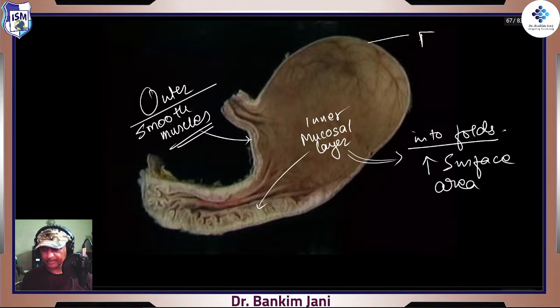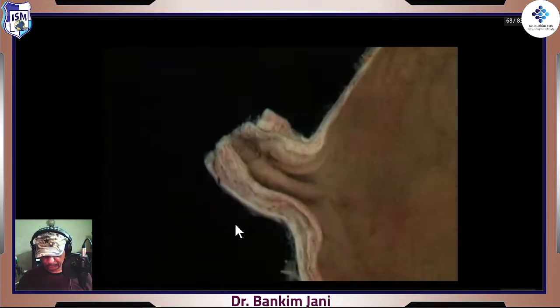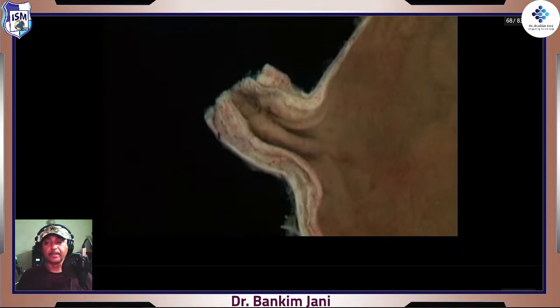That's the fundus, and you must be watching that the mucosal layer there is pretty smooth. It is not thrown into folds that much. It is only the pyloric antrum part which is thrown into so many folds. That's what we said.